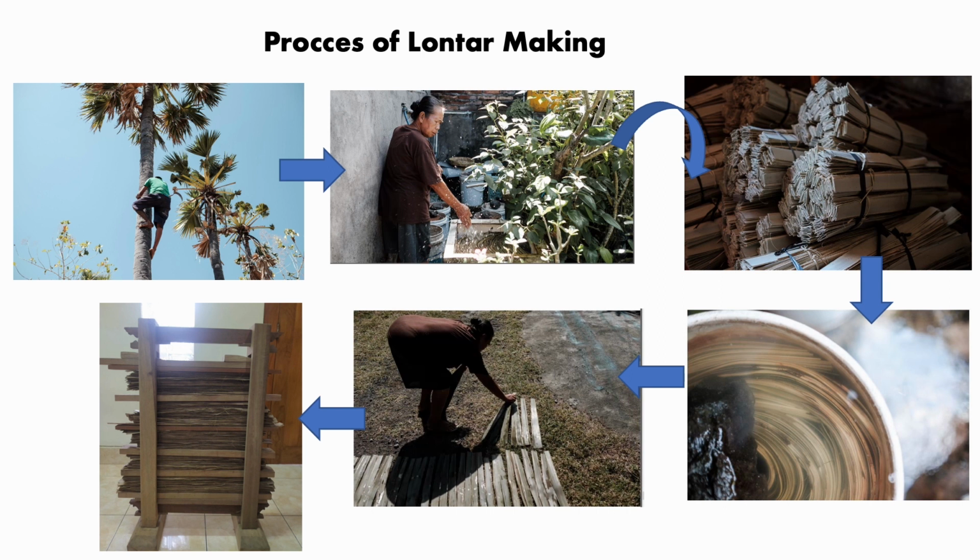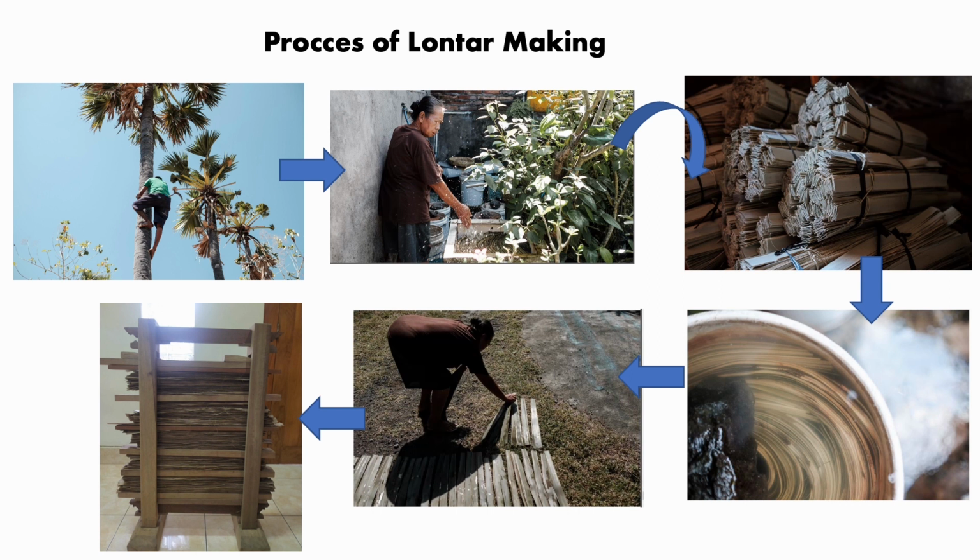The second step is cleaning or washing the palm leaves. After we clean them, we boil the palm leaf with specific secret ingredients. It is a very secret ingredient because every family has their own different secret ingredients to make this kind of writing material. After we boil the palm leaves, we dry them under the sun.